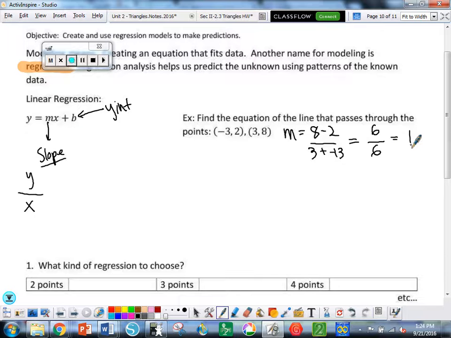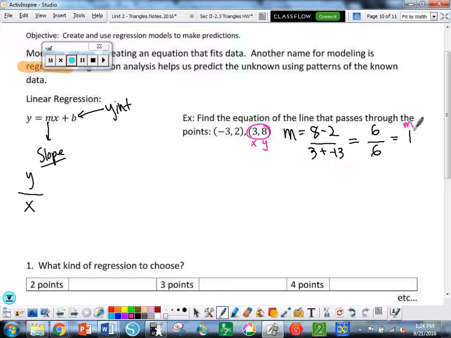My slope is 1. Is that all right? So far, so good? By the way, this is the only time we'll do anything by hand today. Everything else is on the calculator. Okay, the next thing, how would I find the y-intercept? Well, if I use one of these points, I have an x, I have a y, I have an m.